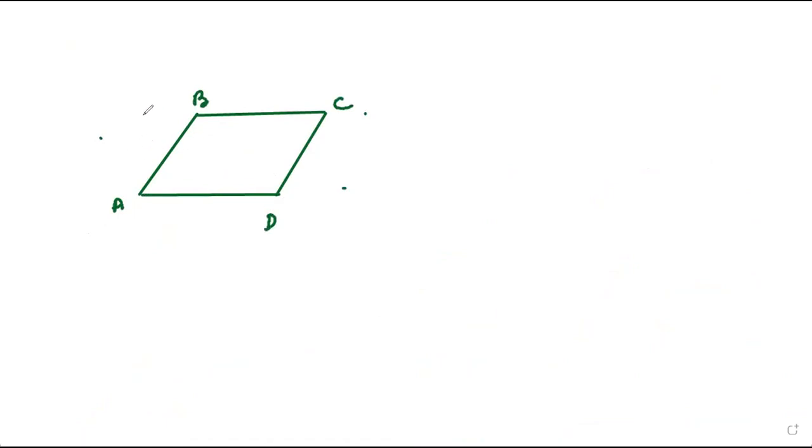Even a rhombus or parallelogram is given, and its value is given as A like this and B like this. So what does this mean? It means that opposite sides are always equal. We know that this is the property of a parallelogram where opposite sides are equal. In vectors, opposite sides as well as opposite direction is equal as well. So I will automatically write this one as B and this one as A.